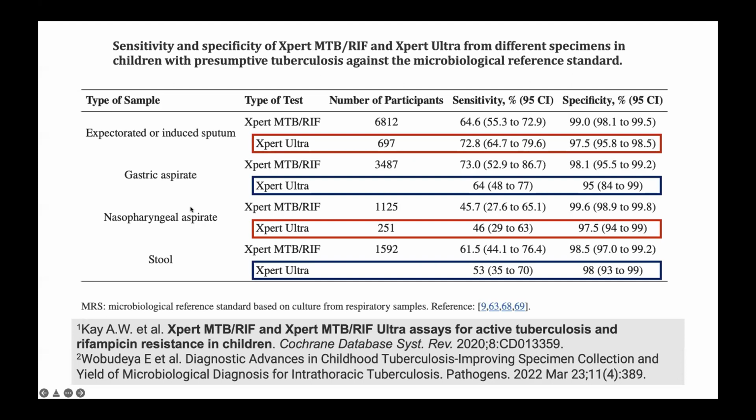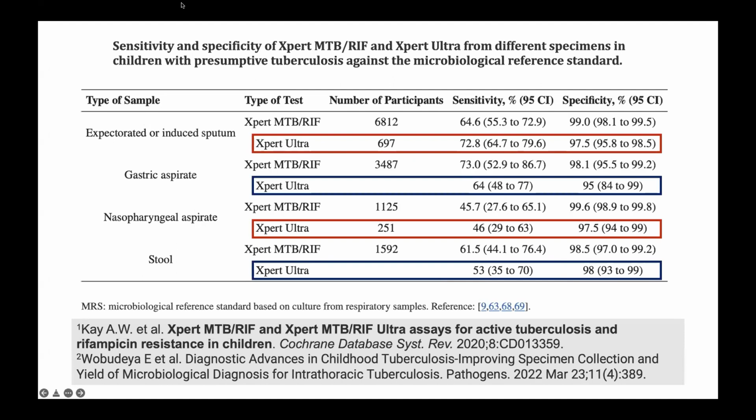These are all WHO-approved samples for Xpert or Xpert Ultra. I don't know if I understood the question well, and if I haven't answered it well, maybe you can help me by asking it in a different way.